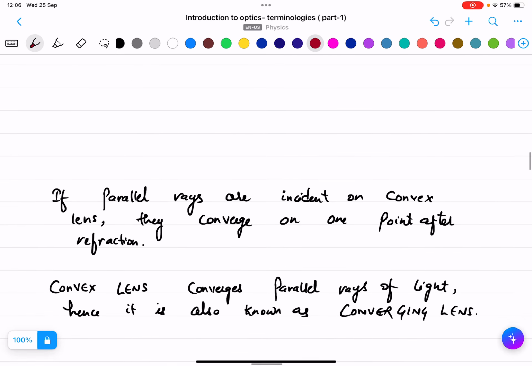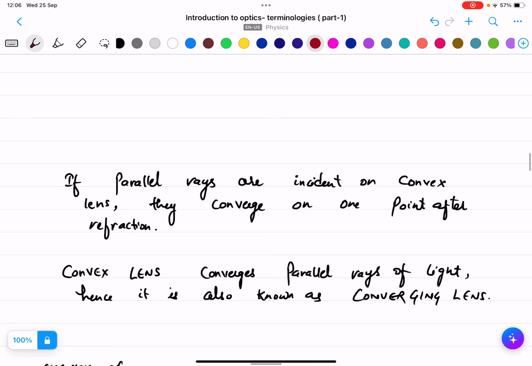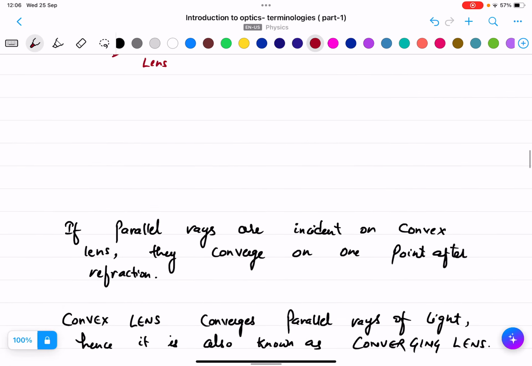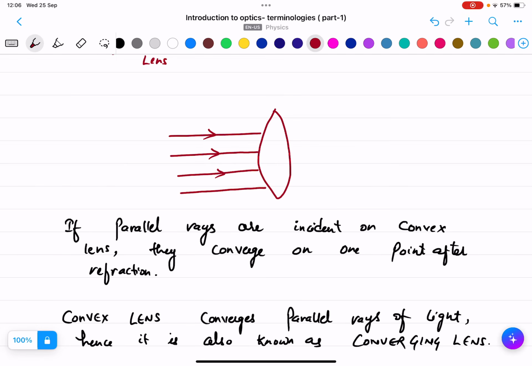Now the another one is, suppose this is a convex lens like this, and if any parallel rays are coming like this, what will happen if parallel rays are coming?